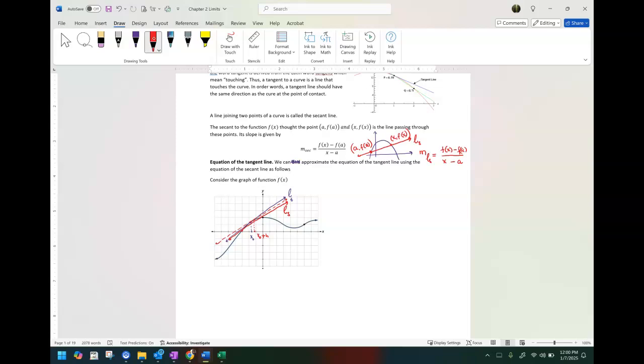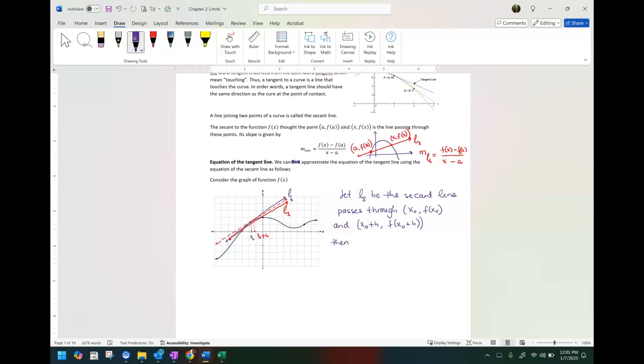So how do we write that down? Let L of S be the secant line passing through the 2 points (x naught, f of x naught) and (x naught plus h, f of x naught plus h).